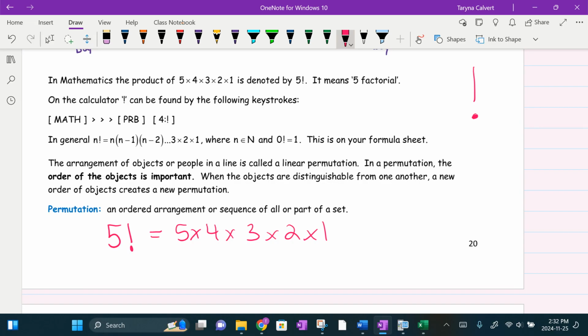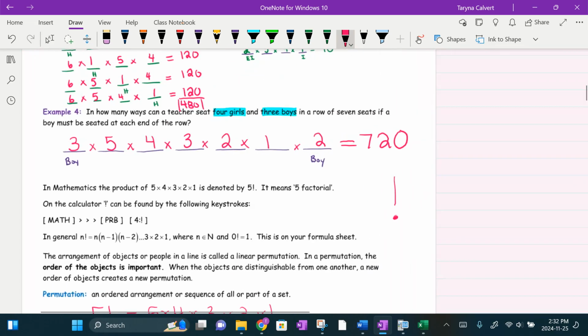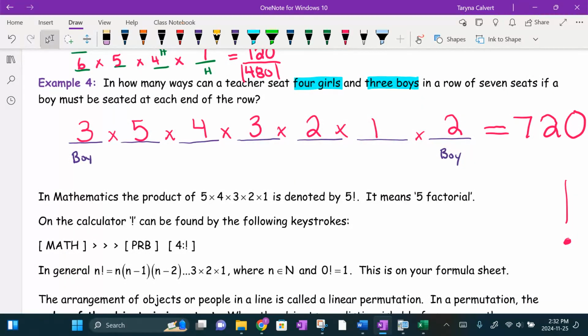If you're writing something out, like this one, could I have used factorial in this one? Yeah, I could have said this was the same as 3 times 2 times 5 factorial. Okay, I could have written it that way. And you need to be prepared on the diploma or on your quizzes, which I will get up there.